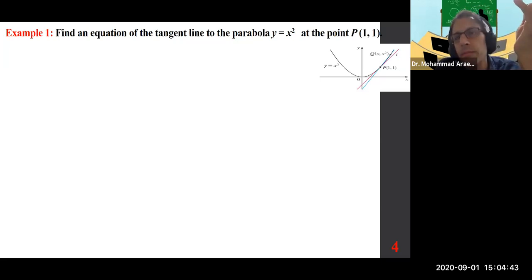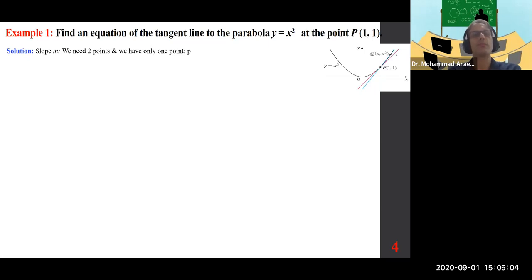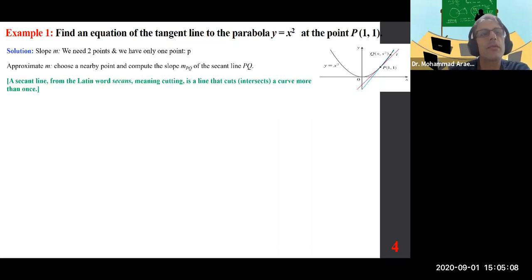We need the slope and we need a point. Now, we do have a point, but in order to find the slope, we need more information, or we need 2 points and we don't have it. So the concept is what happens when you want to come up with the equation of a tangent line. How do you find the slope, okay? So we need 2 points, we don't have it, okay?